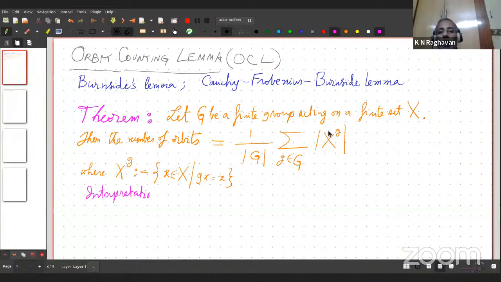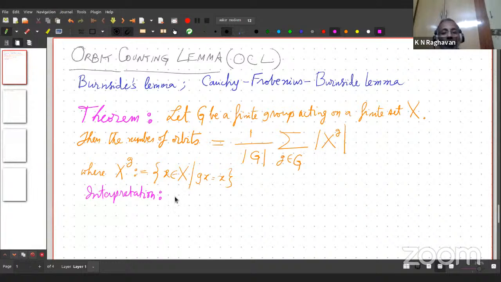X^g is all those points of X that are fixed by this group element g. And so what you're doing is taking the average number of fixed points. So the right-hand side can be interpreted as the average number of fixed points.